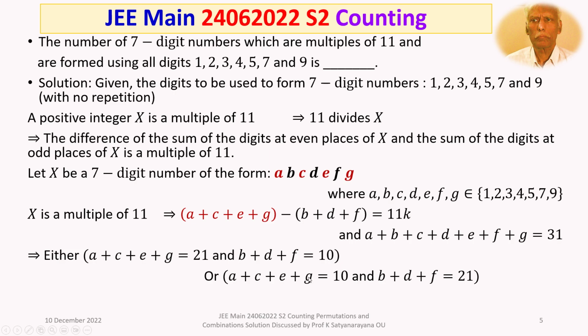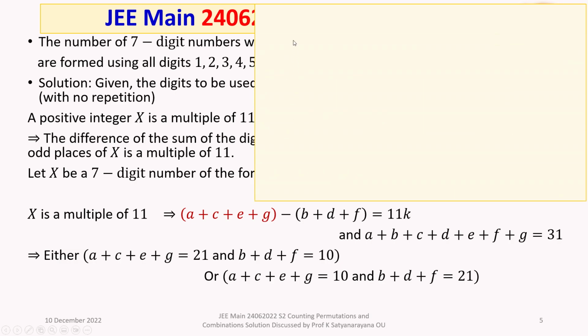This is the conclusion that we are drawing from the above two equations. If you are able to draw these conclusions, it's okay. But otherwise, I'll show you a method of doing it.